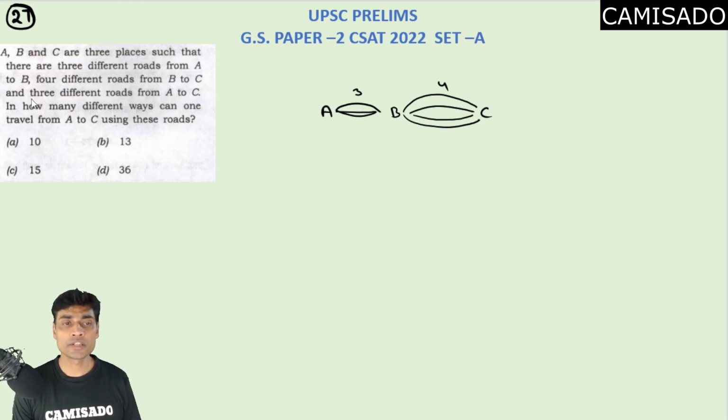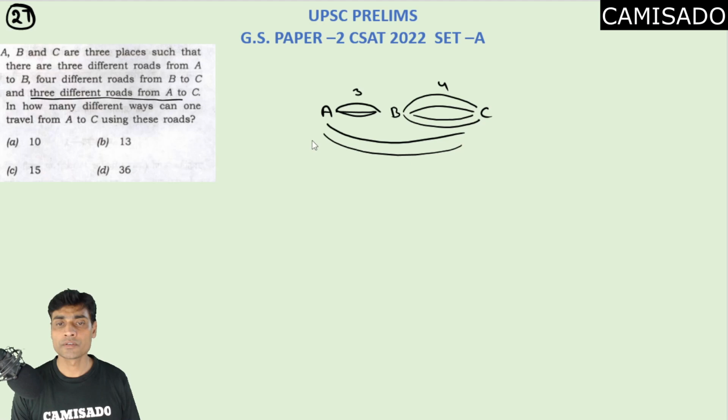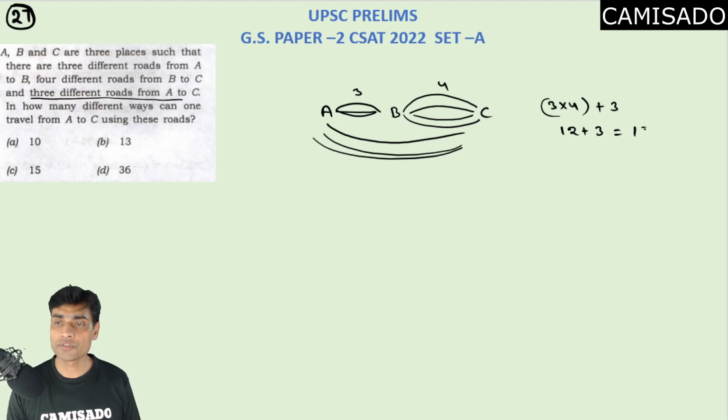It's also given that 3 different roads are there from A to C. So A to C directly we have 3 roads again. So overall ways in which we can travel from A to C is 3 into 4 plus 3 roads again. So 12 plus 3 is 15. 15 ways in which we can reach from A to C.